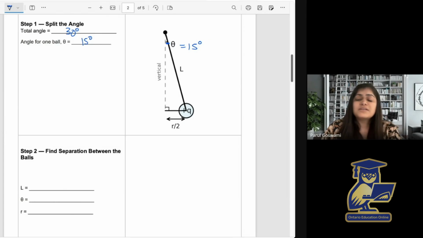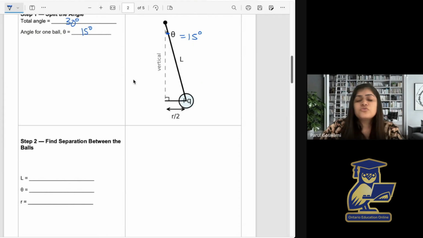Now, to determine that separation, we are going to use this right angle triangle that has been formed. Here you can see the opposite to theta is r by 2 and the hypotenuse is L. So using the ratio sine theta, we can relate r and L together.